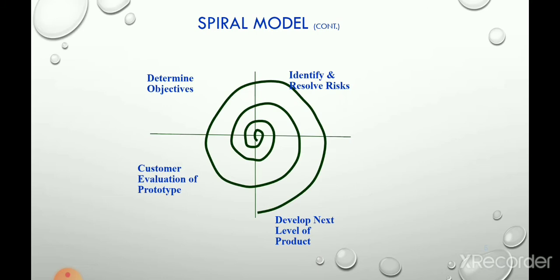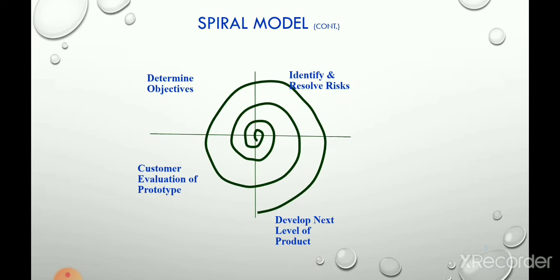In the first quadrant, the developer does the planning and determines the objective of the project. Means in this quadrant the developer does all types of planning like cost estimation, time scheduling, and defining the alternative solutions for the problem.